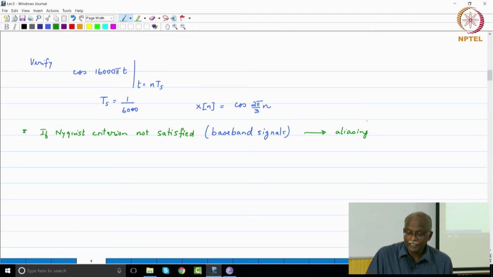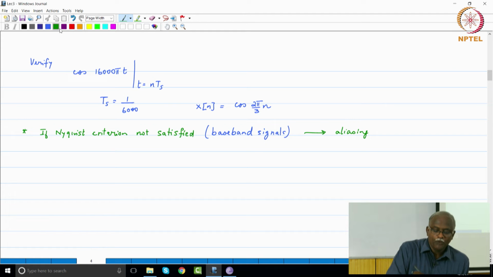The fact that the process of sampling is going to produce multiple copies is not the issue. The issue is that somewhere there could be an overlap of the images. If you want to ensure that aliasing is not present when a baseband signal is sampled, we have to employ an anti-aliasing filter, AA filter.